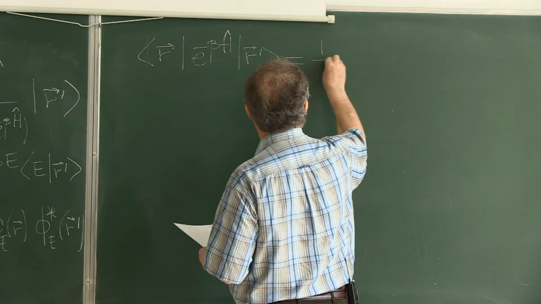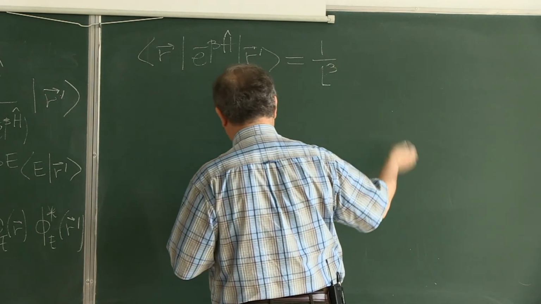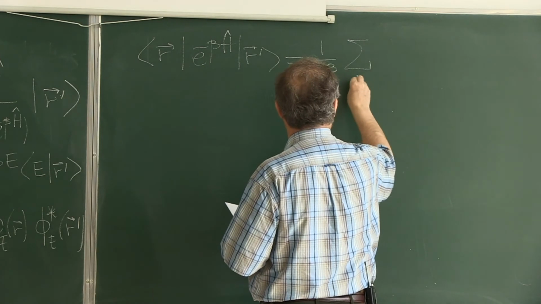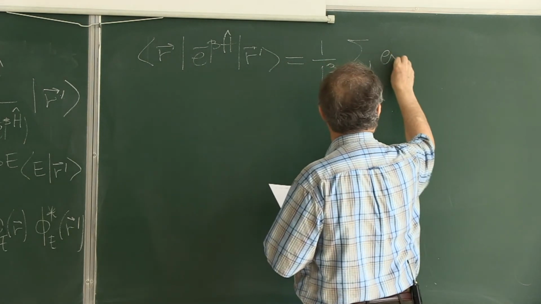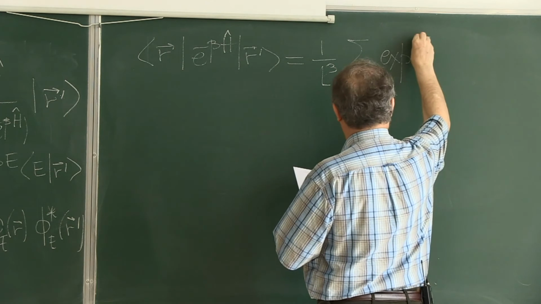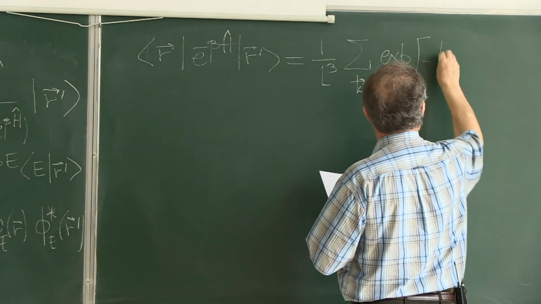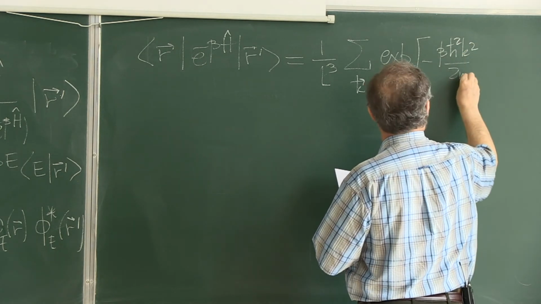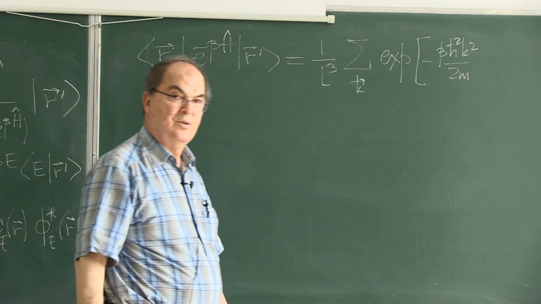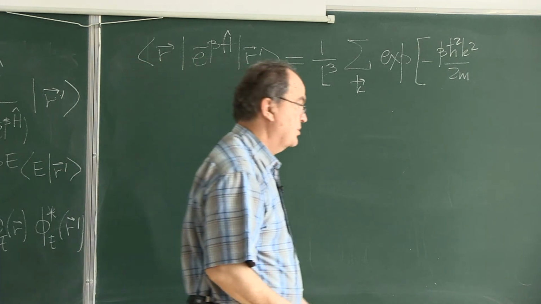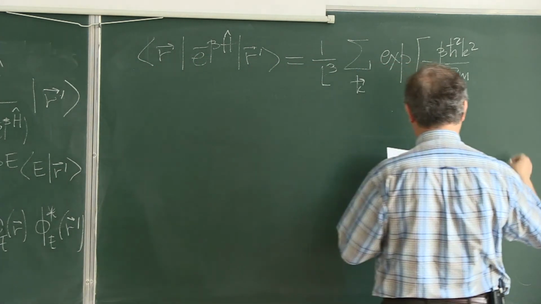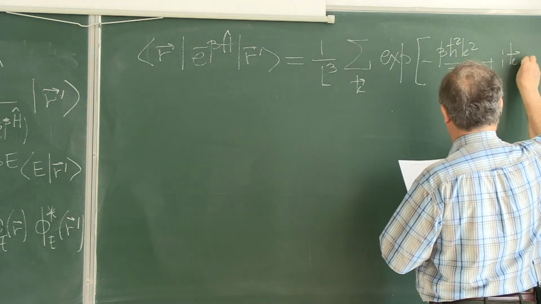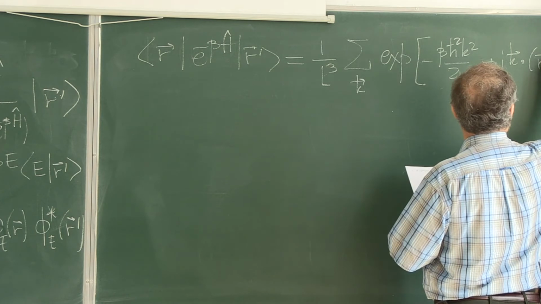So it is 1 over L cubed, given the form of these wave functions. It is a sum over k of exponential minus beta h bar squared k squared over 2m, the kinetic energy term, and cross terms, of course, e to the i k dot r and r prime, plus i k dot r minus r prime.